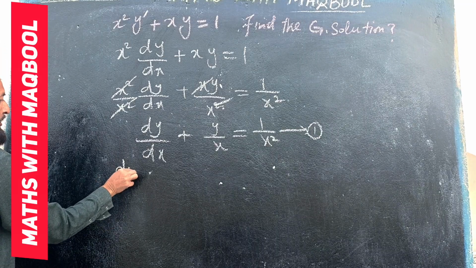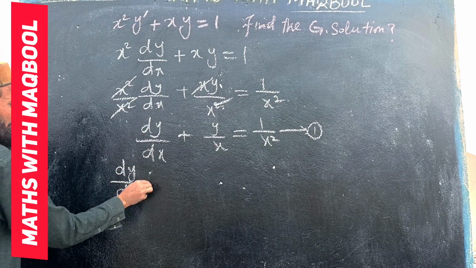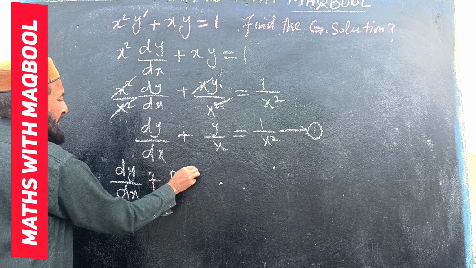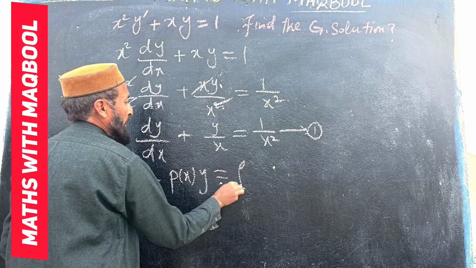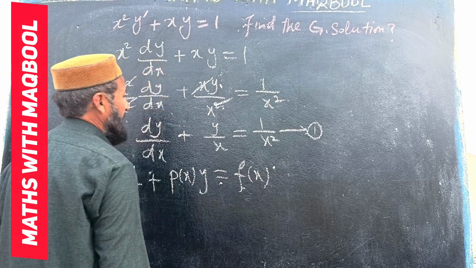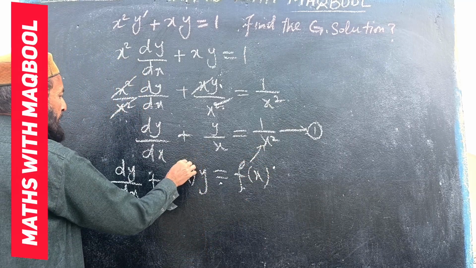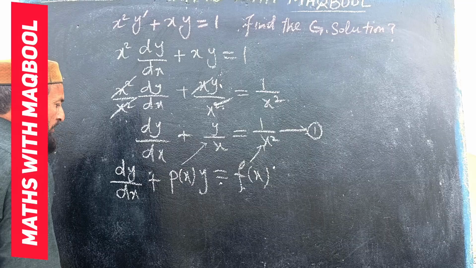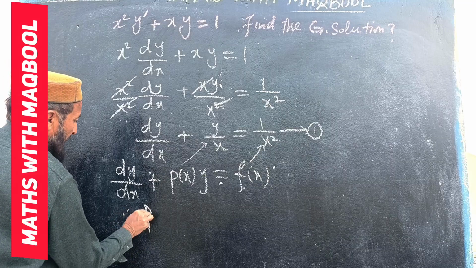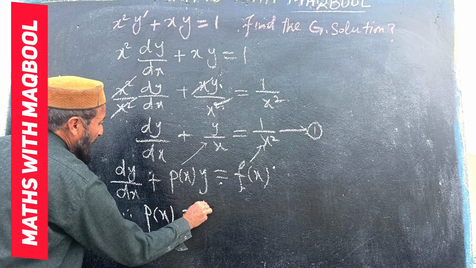Now we compare this equation number one with the linear differential equation, as we know that dy by dx plus p of x times y is equal to f of x. So here p of x is equal to 1 by x.